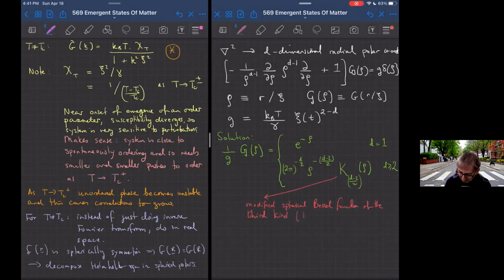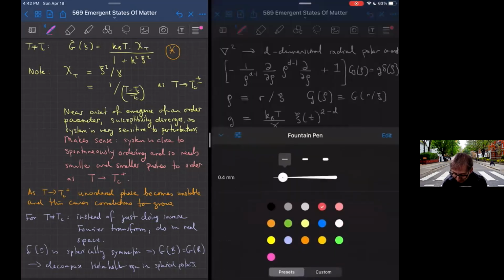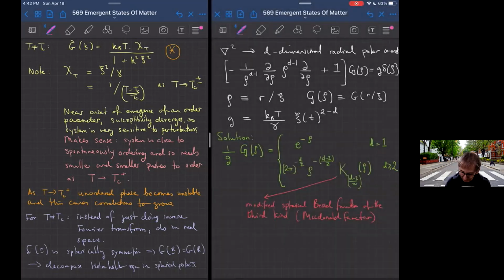It's sometimes called the McDonald function. And again, this is just something that people worked out, Bessel's equation, Sturm-Liouville theory, throughout the 19th century. Let me just write down the functional form.